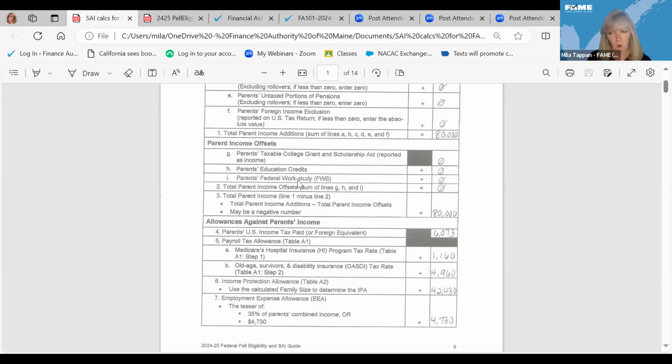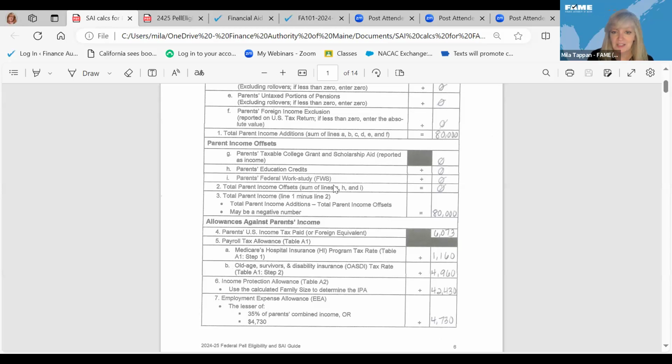Work study is a probably more obvious one. Think about it on the student side, because the same thing exists on the student side. If a student is working in a work study job, they have to report that work study income as regular income. When they file their taxes, the earnings from regular jobs and work study jobs will both be on their income tax return. But the way this program is set up, we don't want federal work study to count against a student.